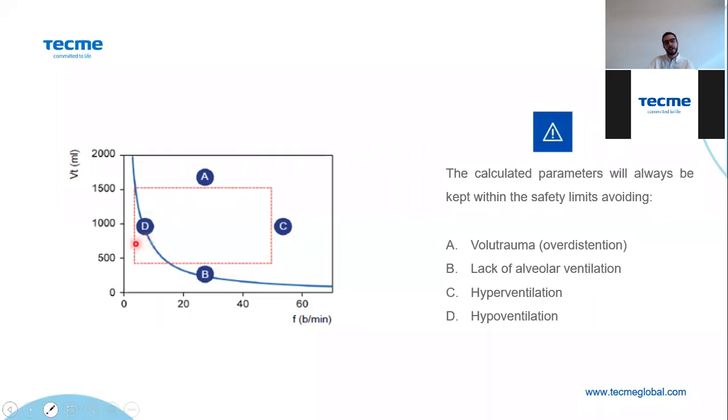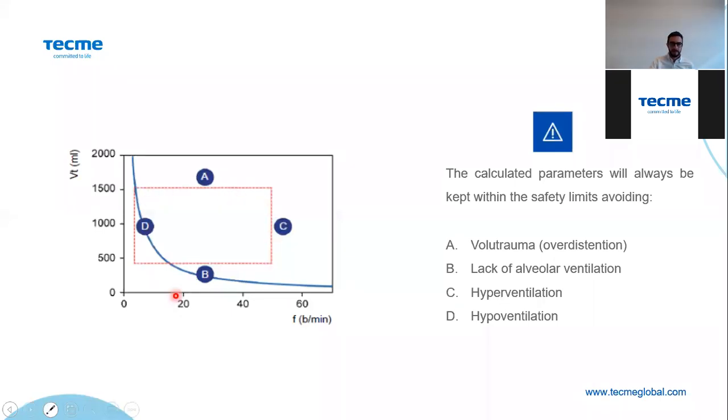There are some safety limits in order to avoid lung damage. These safety limits are based on expert rules, and they are automatically calculated.